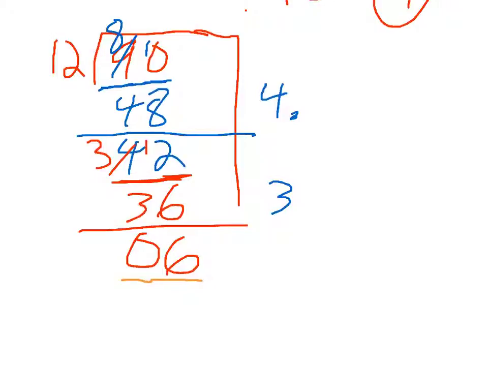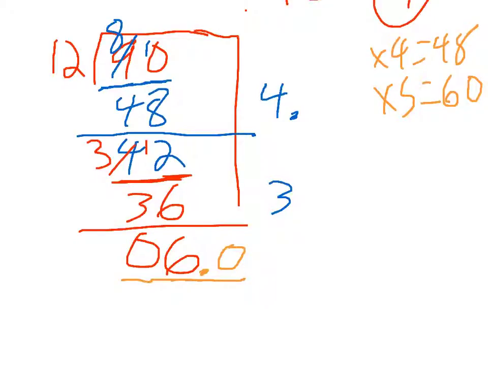So we're going to add that 0, but before we do that, we have to add the decimal point. Add that 0. How many times does 12 go into 60? Well, 12 times 3 we said was 36, so times 4 would be 48, and then times 5 would be 60, just adding 12 each time. So times 5, so we're going to put a 5 out here somewhere, but where are we going to put it? Well, since this 0 is in the 10th spot, we're going to put our 5 in the 10th spot.